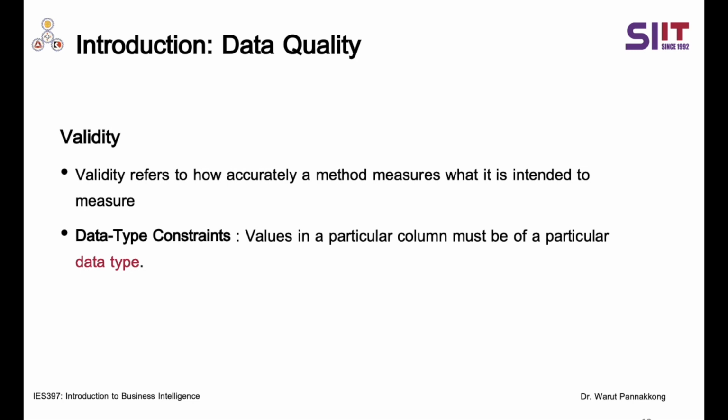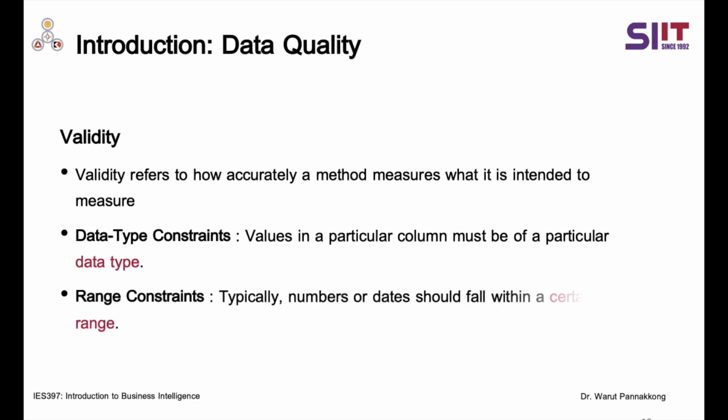Let's say there are constraints on the data. First is data type constraints, which means the values in a particular column must be of a particular data type. For example, you see the age, right?